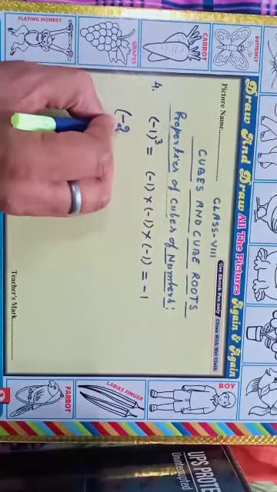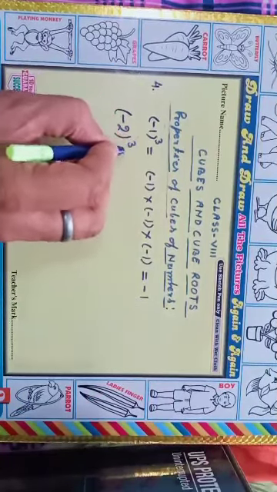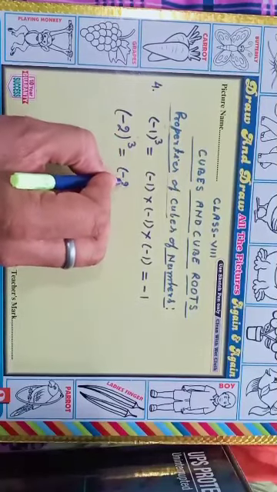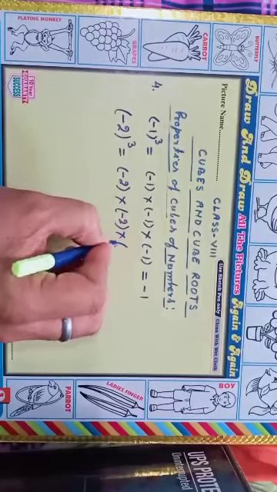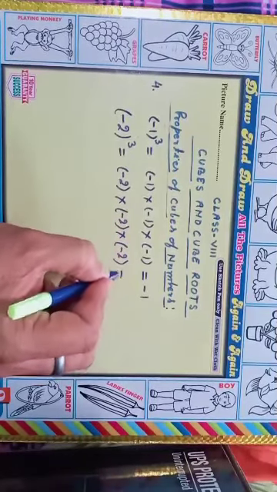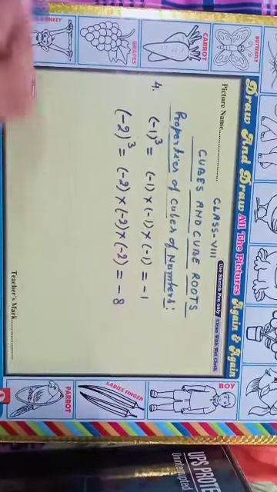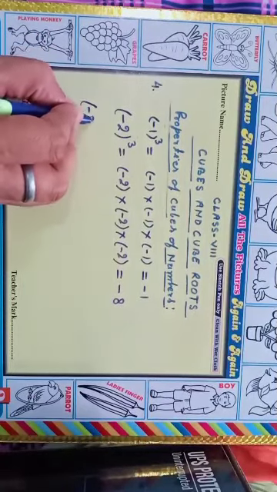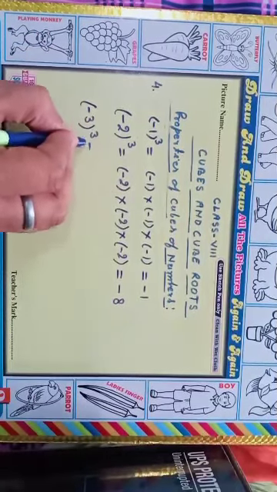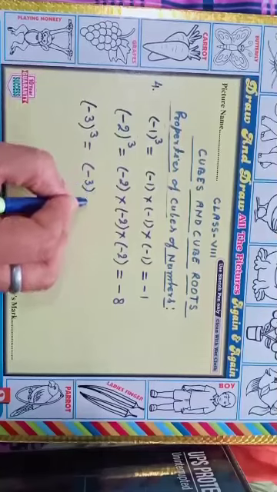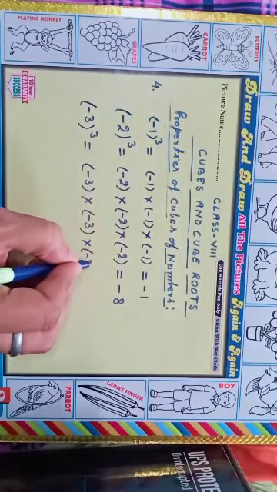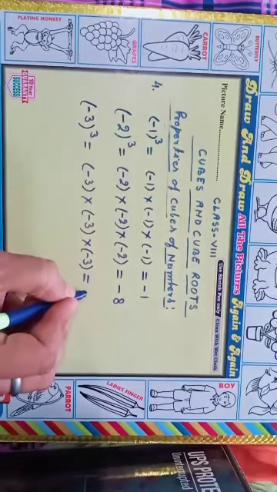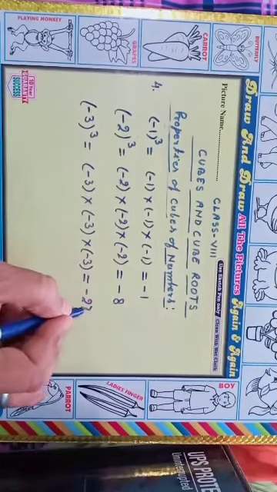Cube of -2: -2 multiplied by -2 multiplied by -2, its value becomes -8. Now cube of -3: -3 multiplied by -3 multiplied by -3, its value becomes -27.